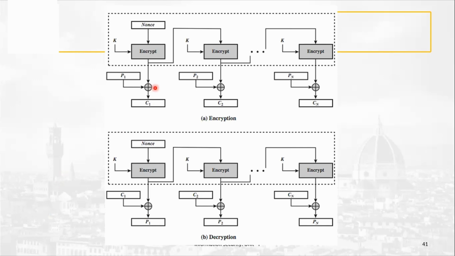That is one thing that has to be addressed. So output feedback mode solves that problem. What we have to do is, here, instead of an initialization vector, we are using a nonce. Does anyone know about nonce? It's a mathematical term, if you have heard of it.